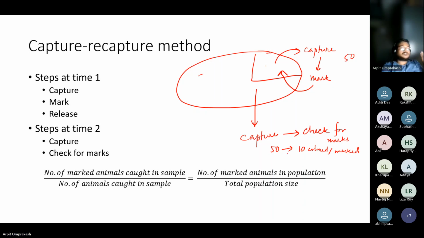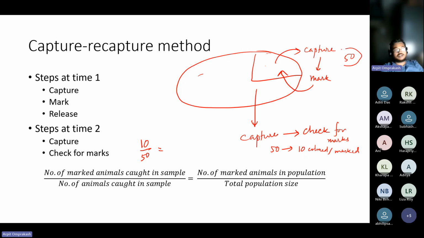The number of marked animals that you catch the second time divided by the total number of animals that you have caught in the sample, so 10 divided by 50, because 10 individuals are marked out of the 50 that we captured the second time, will be equal to the total number of marked individuals in the population.